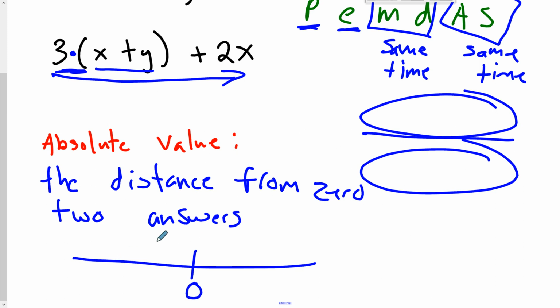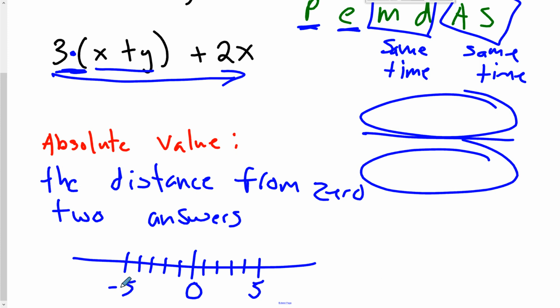If I'm 5 away, the absolute value, say, is 5, I could go 5 to the right, or I could go 5 to the left. So it could be at positive 5, or it could be at negative 5. So see how I have 2 answers here, because my answer could be negative 5 or 5. Both those have a distance of 5 away from 0.